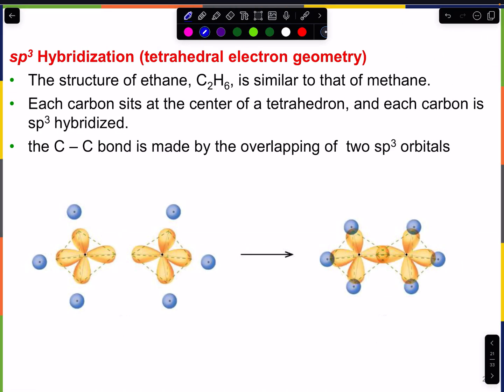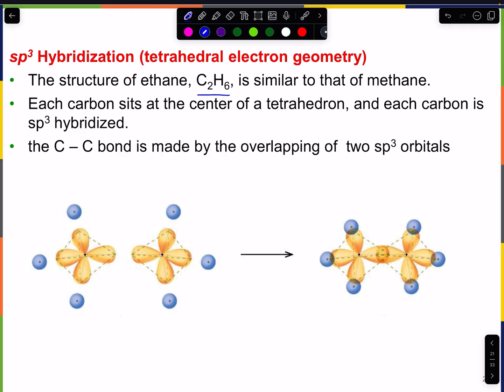Let's talk a little bit more about sp3 hybridization. Every time that carbon is making 4 single covalent bonds, you will have sp3 hybridization. Let's consider this molecule, ethane, C2H6.